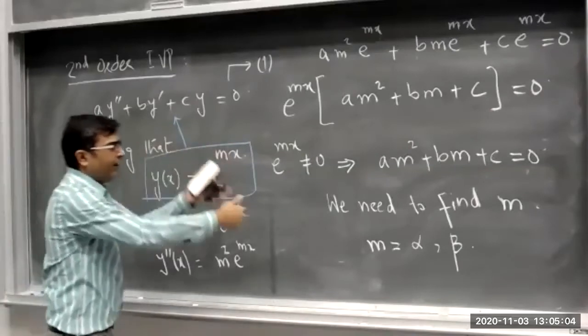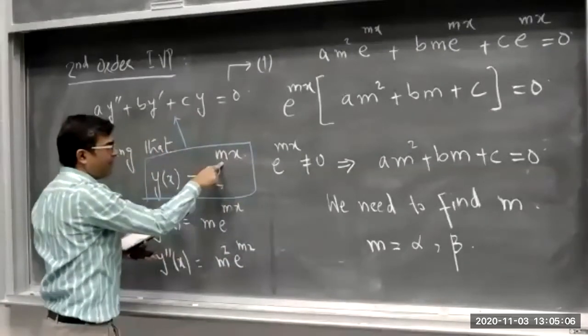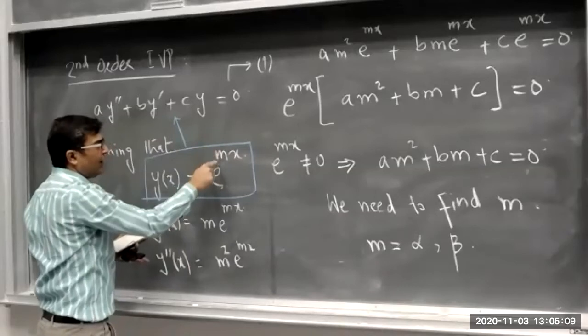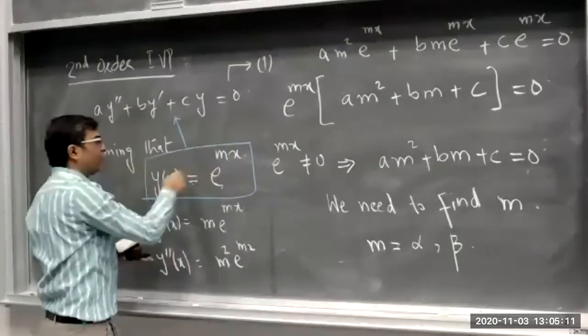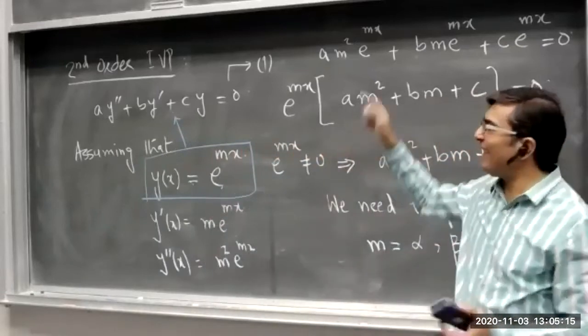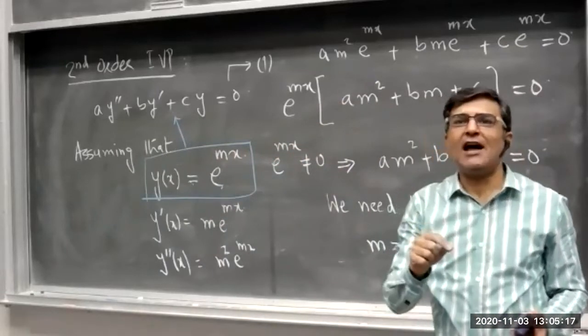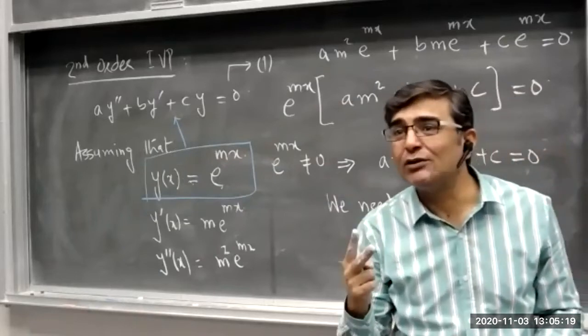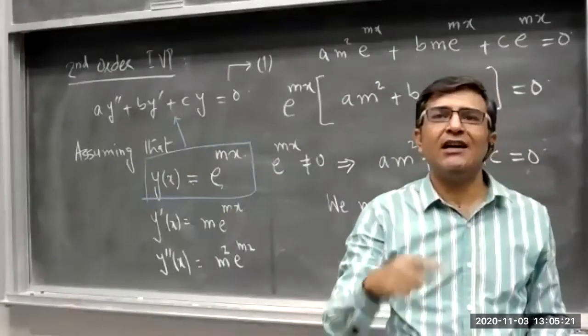And after solving, we get 2 values of m. m की 2 values होंगी, एक value के लिए एक solution, दूसरी value के लिए दूसरा solution. And we also know that a second order differential equation must have 2 linearly independent solutions in order to write a general solution.